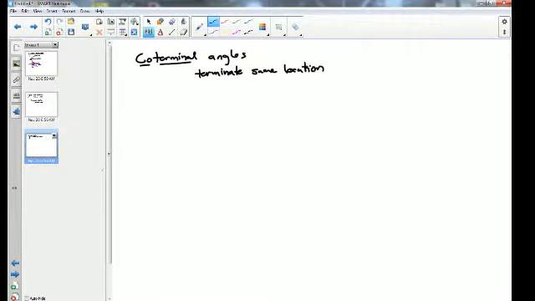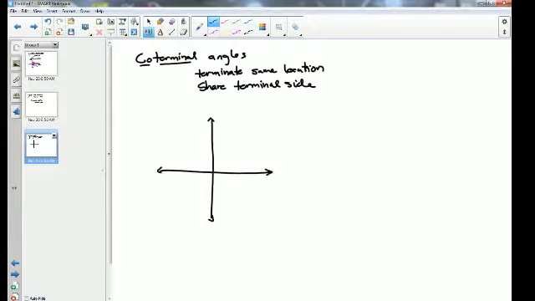You can also say they share a terminal side. So this would be somewhere in that neighborhood.